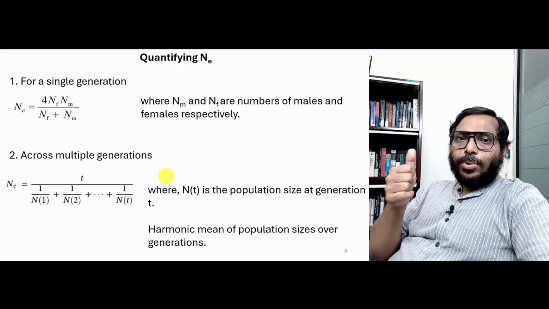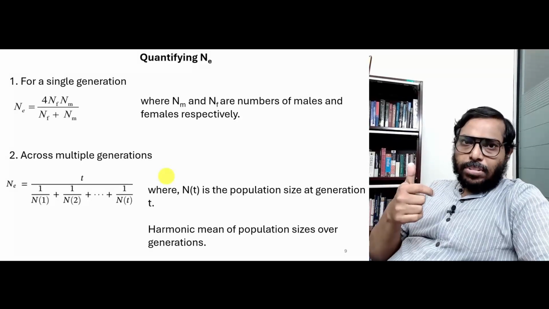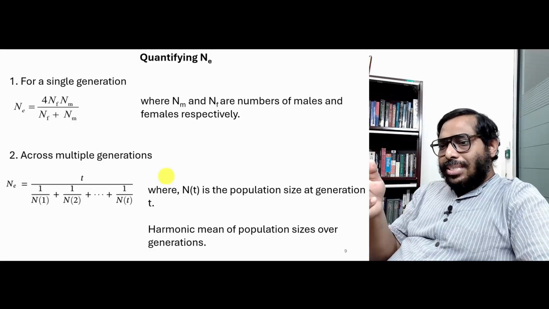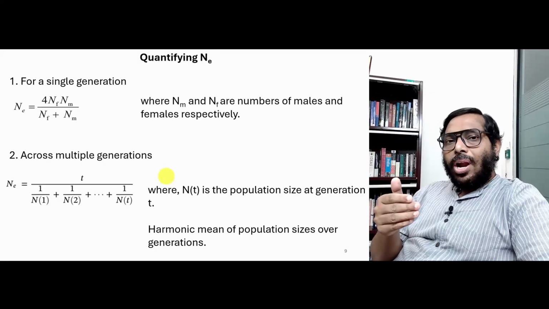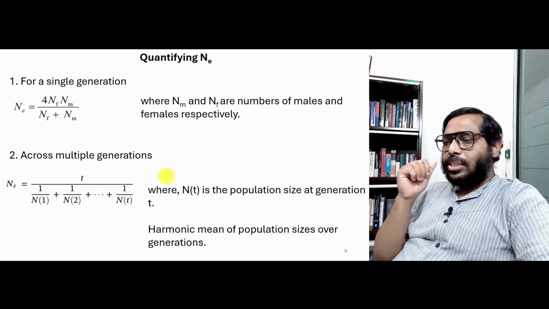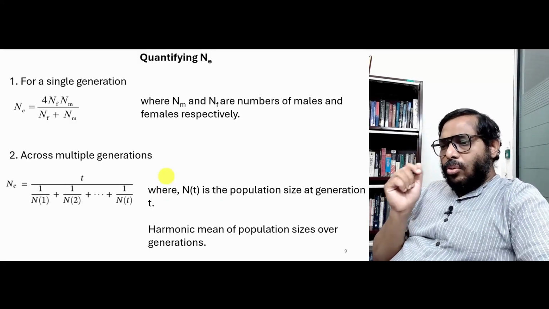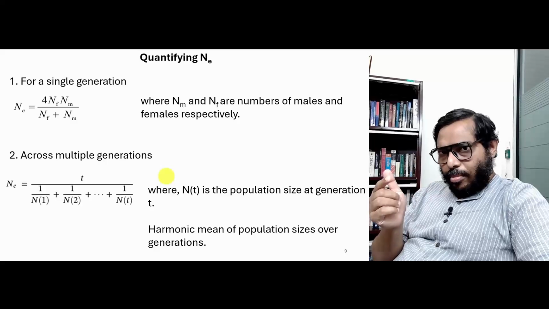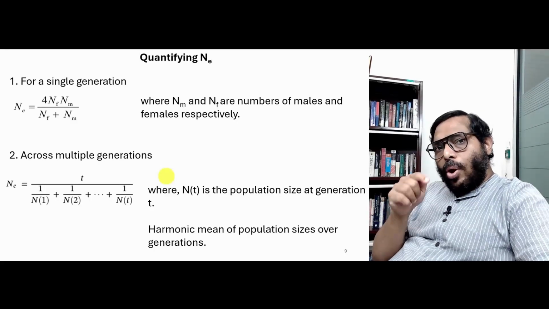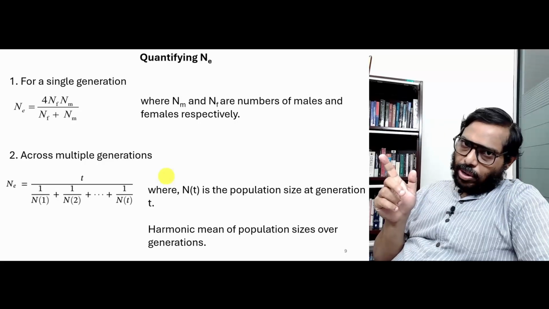So, N1 is population size at generation 1 or time step 1, N2 is population size at generation 2 and so on. So, you can see that this is the formula of the so called harmonic mean of the population sizes over generations. It is a property of the harmonic mean that they get affected more by lower values of N than by higher values of N.